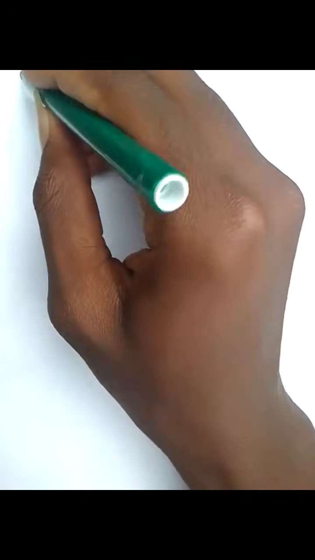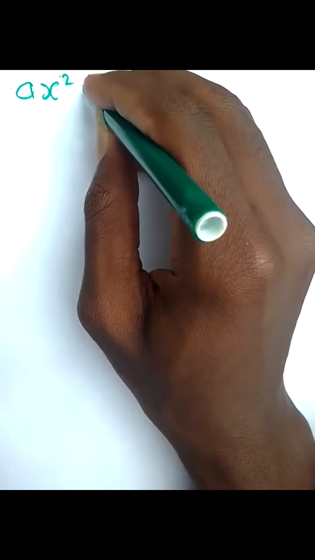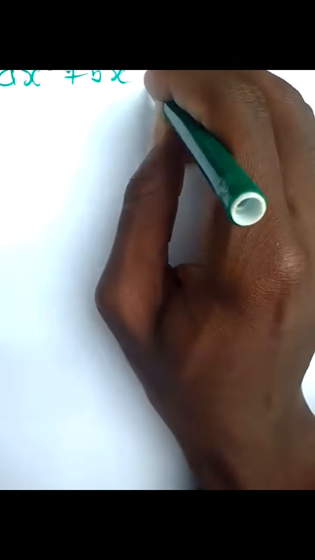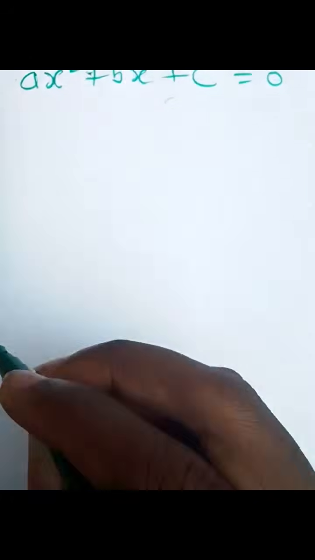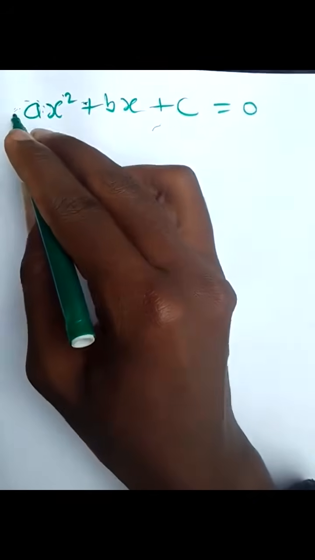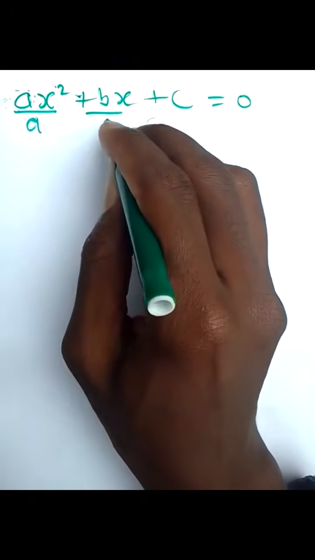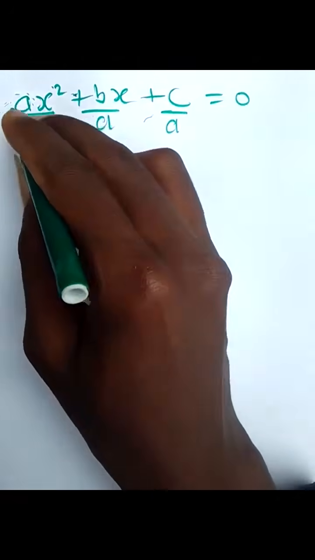Alright, so we have ax power 2 plus bx plus c is equal to 0. So if you remember, I said whenever you have anything in front of x power 2, you need to divide throughout, right? Then what remains, this and this will cancel, right?